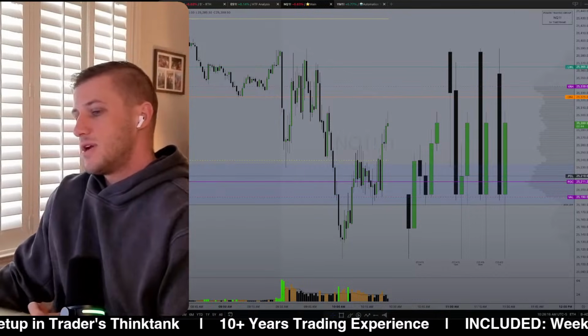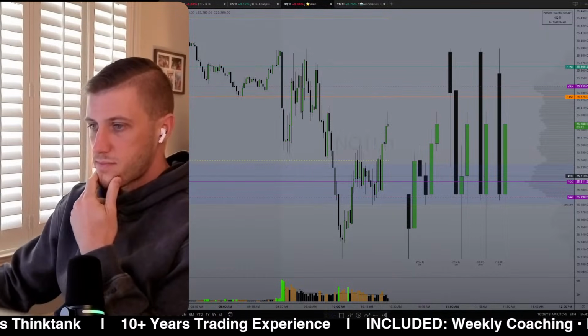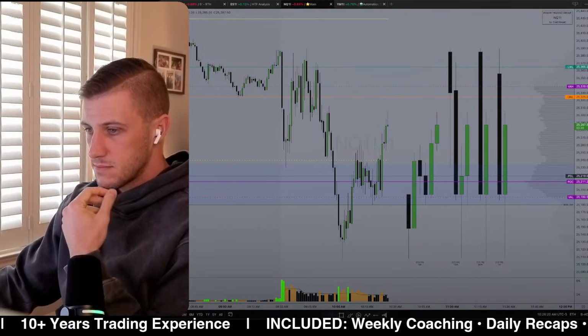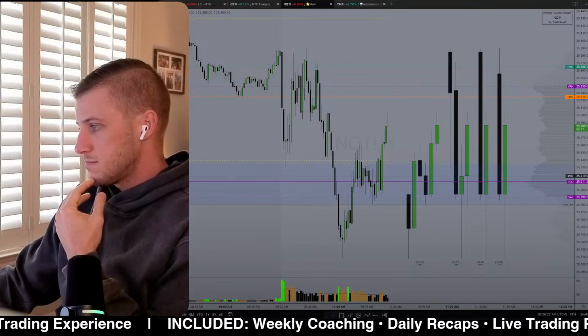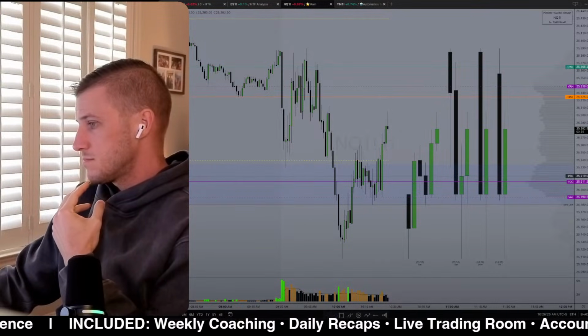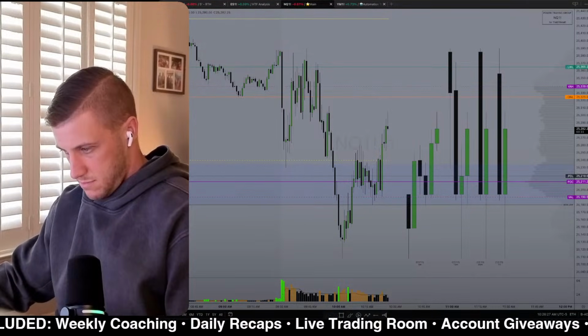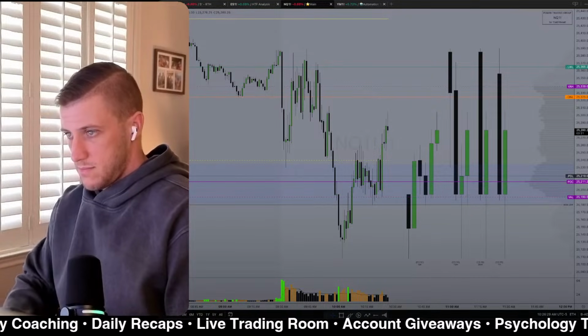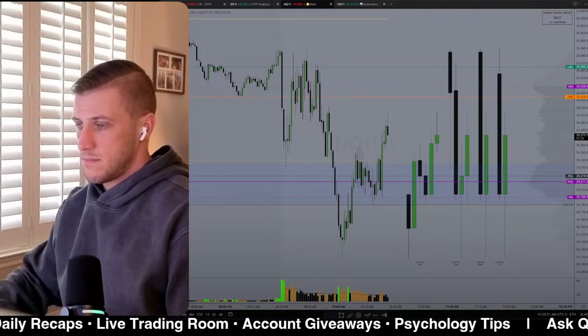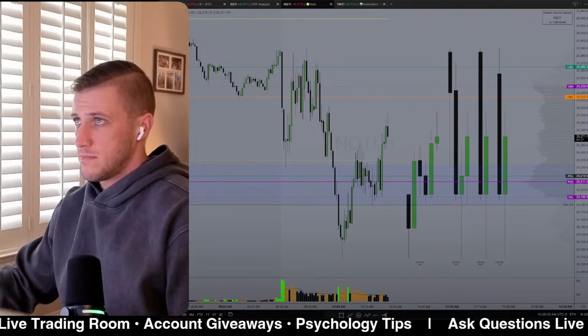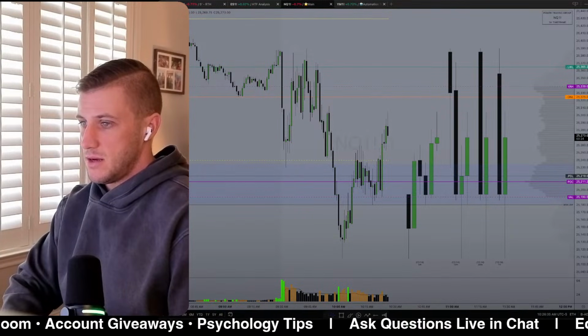NQ into 300. Almost back in overnight low.